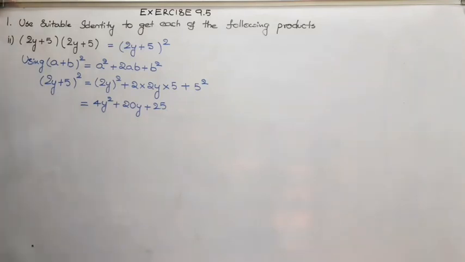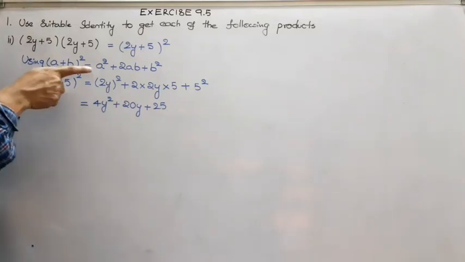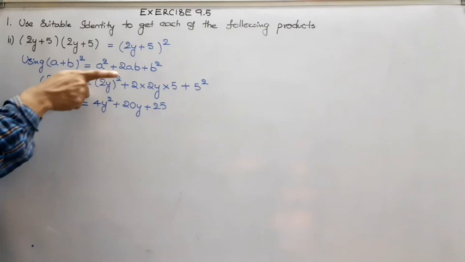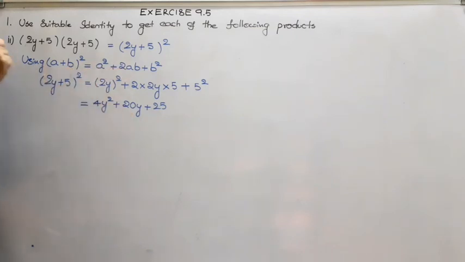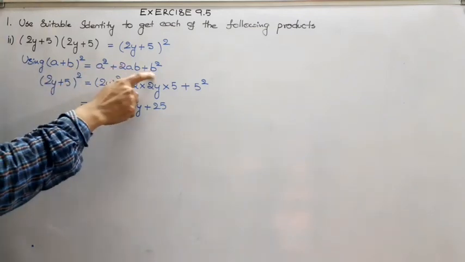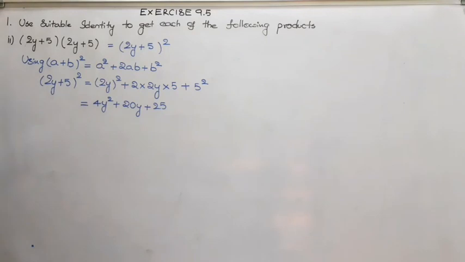These are all unlike terms, and if we observe, a square is 4y square, 2ab is 20y, and b square is 25. So looking at the question itself, we must be able to identify which identity we have to use to solve the given product. I am going to solve 5 of these, and the other 5 I would like to give you as homework. Hence, I did the second one.